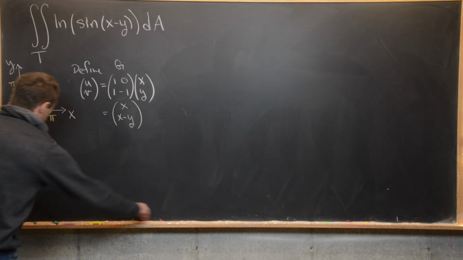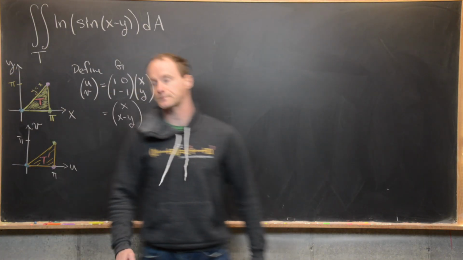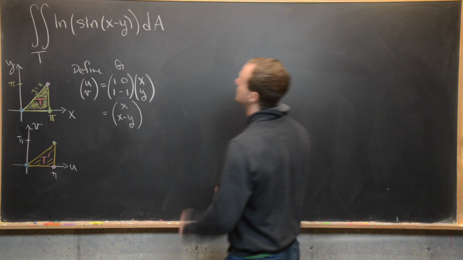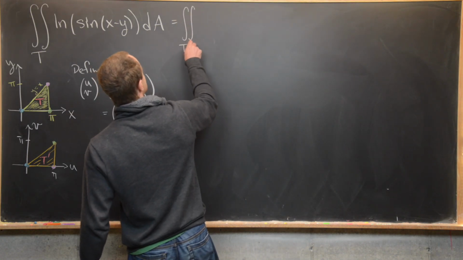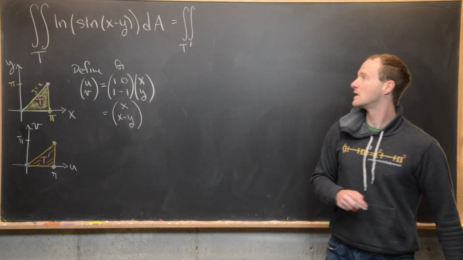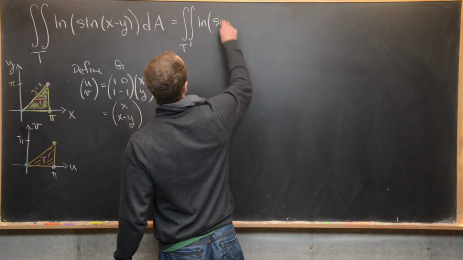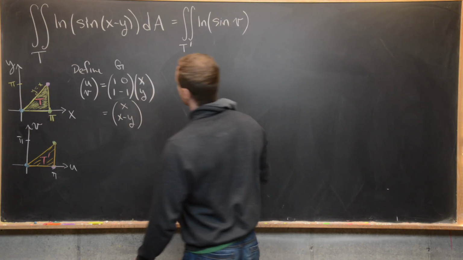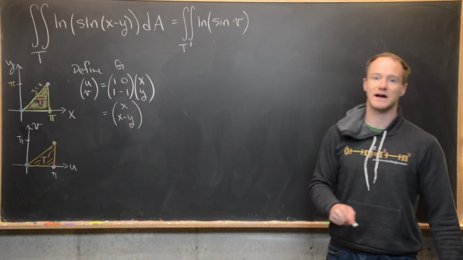Maybe we could call this triangle T prime so that it has a similar notation to our old triangle, like that. So now we can rewrite this as the double integral over T prime of the natural log of sine of v, applying our transformation, because notice v is equal to x minus y.